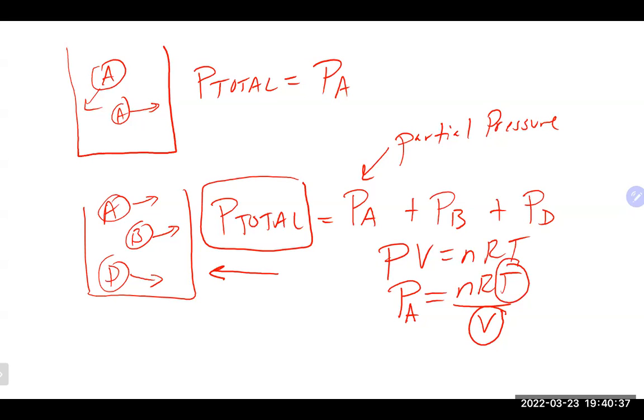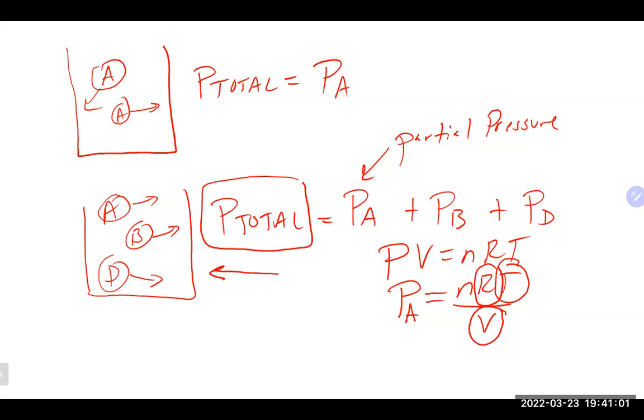And R, which is a constant, will obviously be the same for everybody in that mixture. So what it usually boils down to in a partial pressure situation is that you just need to figure out how many moles of each gas you have, and then you go into the ideal gas law individually three times in this particular example.